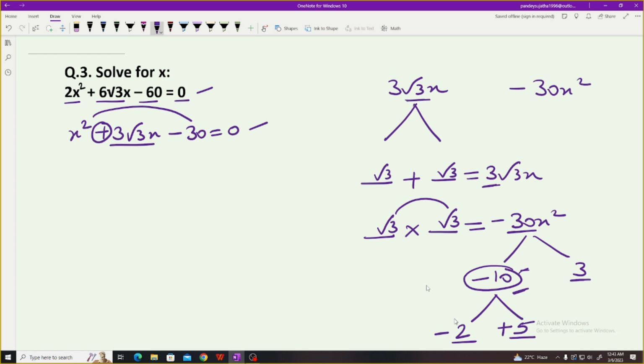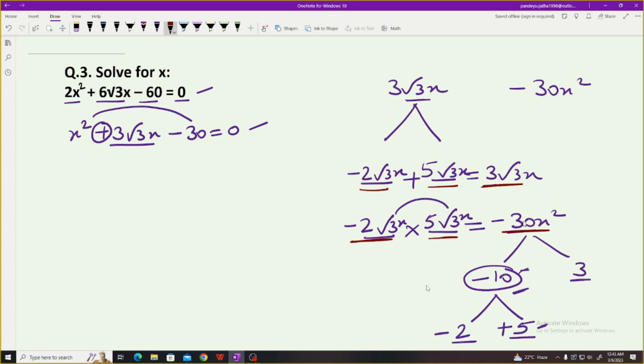So we got the factors here as minus 2 root 3x and 5 root 3x. Write the same here. Now just check that when we add these two terms, we get 3 root 3x, and when we multiply these two terms, we get minus 30x square.